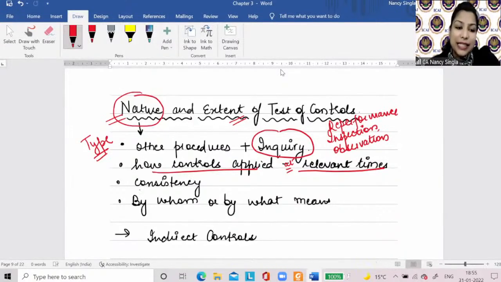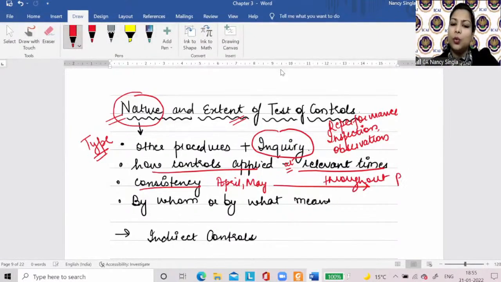The consistency with which the controls are applied, ऐसा तो नहीं है कि सिर्फ अप्रैल एंड मई के मंथ में तो सारे इंटरनल कंट्रोल्स वर्क करते हैं, जैसे जैसे ईयर एंड होता है कोई इंटरनल कंट्रोल वर्क नहीं करता है. सो कंसिस्टेंसी आई कैन से थ्रू आउट द पीरियड, वेदर दे आर वर्किंग थ्रू आउट द पीरियड, राइट? And by whom and by what means? Who has implemented?